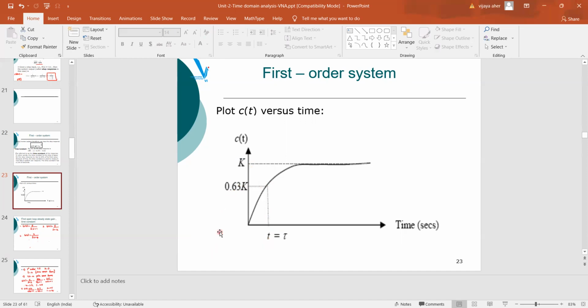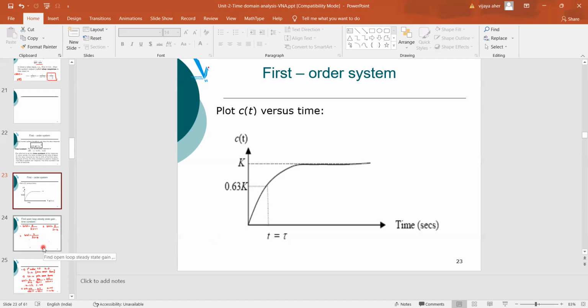You have to write code for this first order system to plot the response of first order system. Just enter the parameters, enter the transfer function equation in Scilab, then do a 2D plot. You will get the same plot by using Scilab code while saving and executing the code. Okay, now this is what we had about step response of first order system.